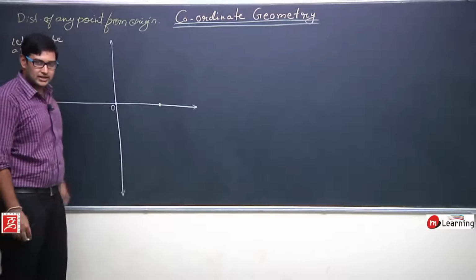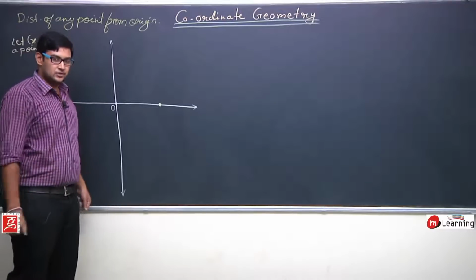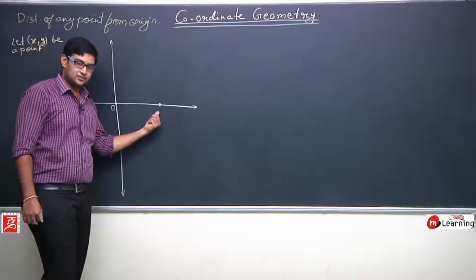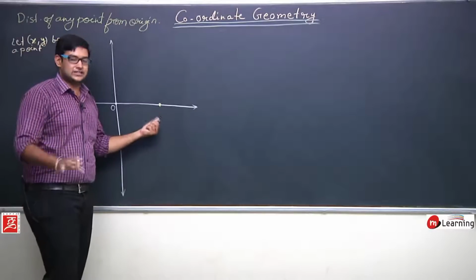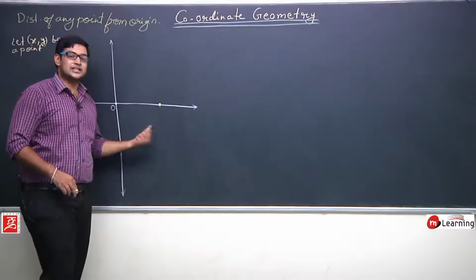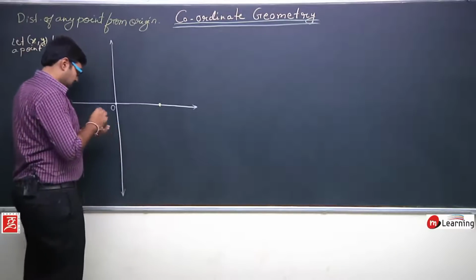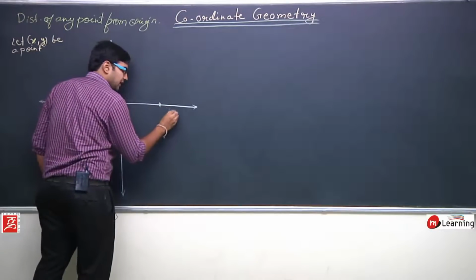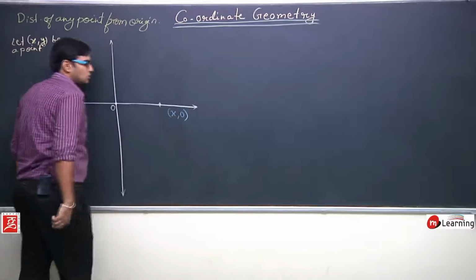Okay, x coordinate is what? It is x. So let us say this is the location for this x. Okay, I am talking about only x. So this is the location for this x. So the coordinates of this point will be x, 0.